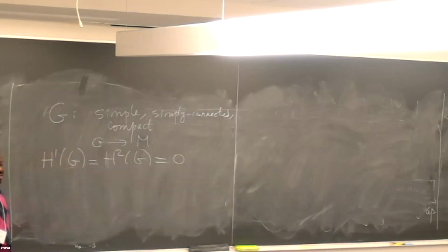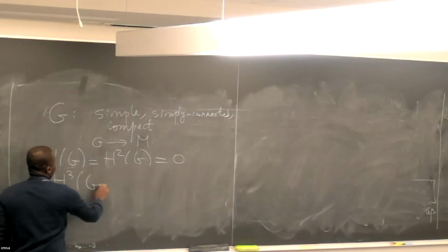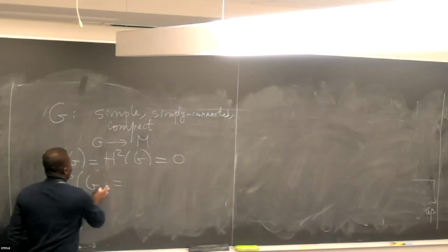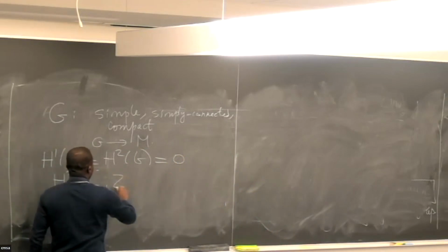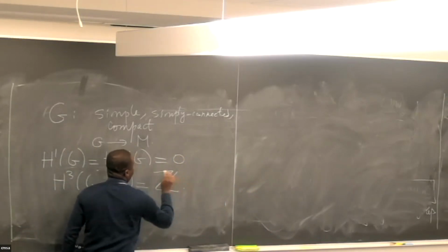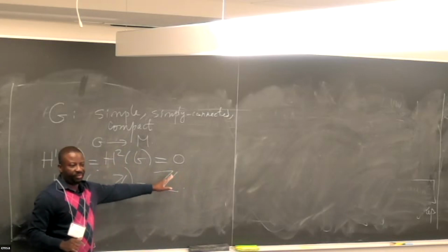The first interesting thing happens when you look at the third cohomology group of G, let me be precise, over Z. You see that it's described by just one number.